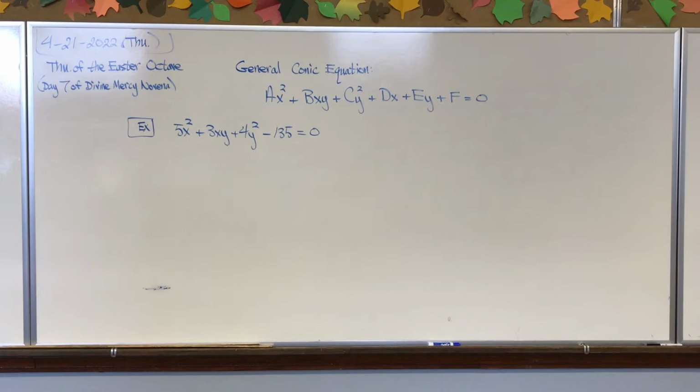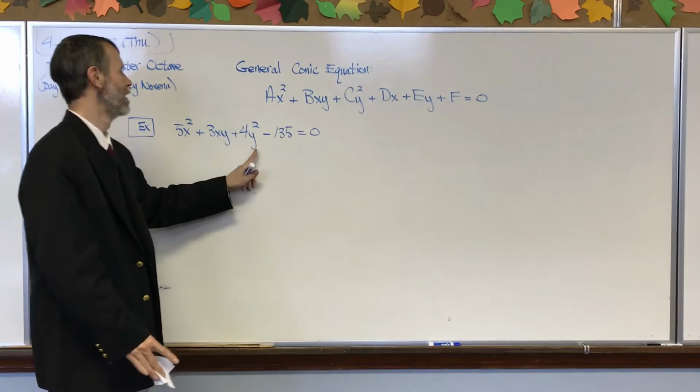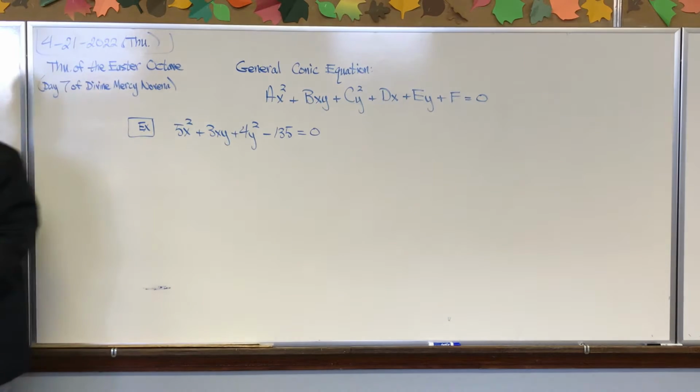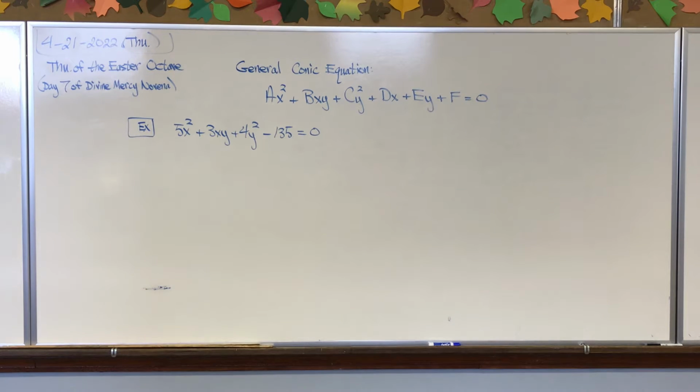My question is, and this may come as a surprise, what shape does that look like, first of all? If you had to take a guess, what shape would you expect it to be? An ellipse. Why did you say that? Yeah, they're both squared, x and y, different coefficients, but they're both plus. So that looks like an ellipse.